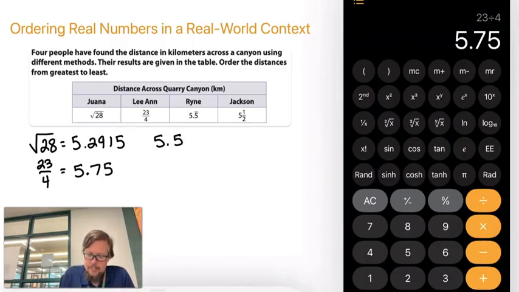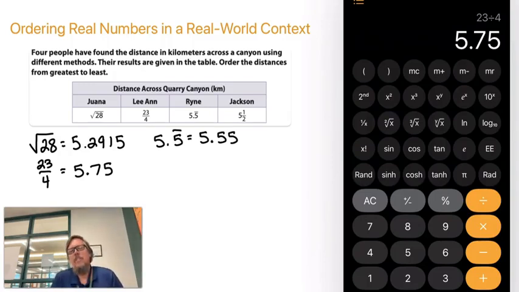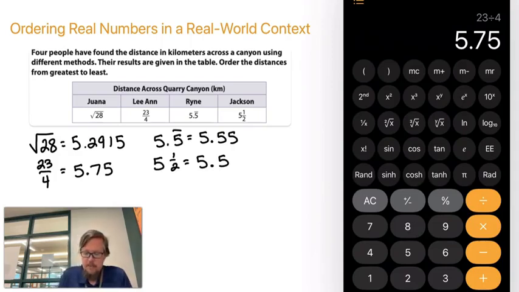Let me make that look like the rest of them, just to make sure we've got some consistency here. 5.55. And the last one, of course, 5.5. 1/2 is just 0.5, so 5.5 would be 5.5. Or if I want to make sure it's got 2 places after the decimal like the previous numbers, we could do 5.50.